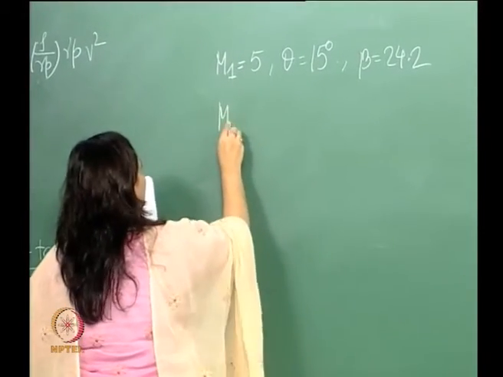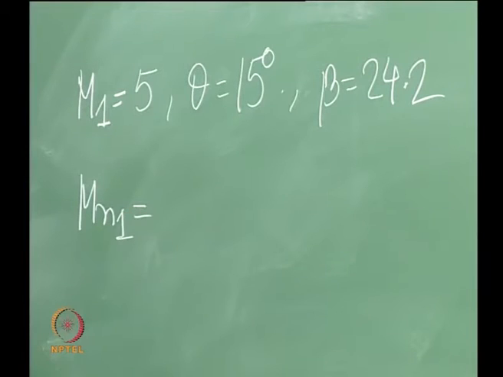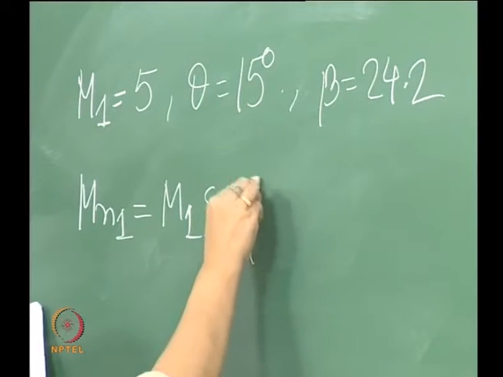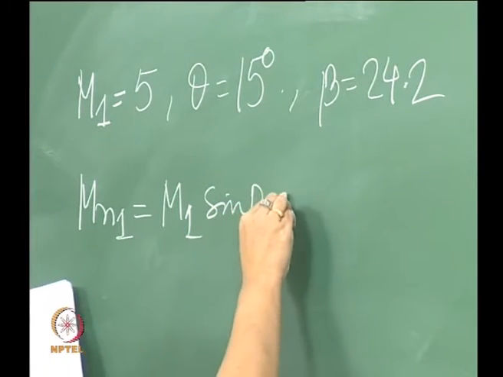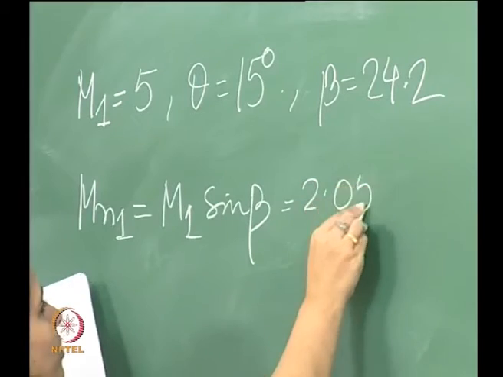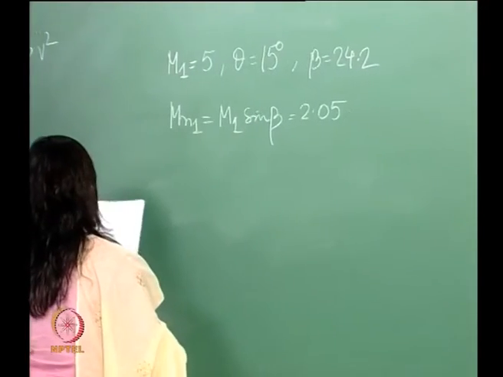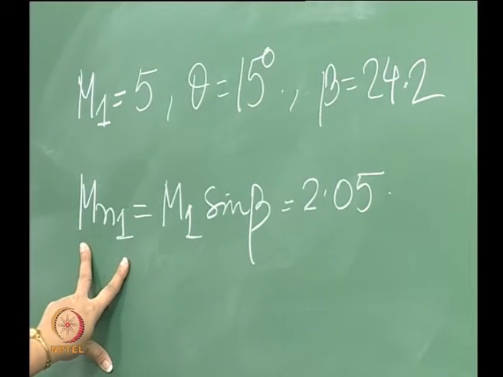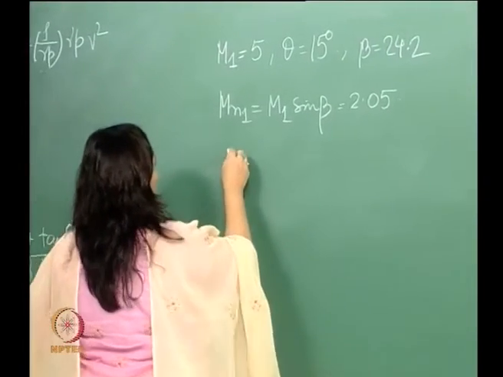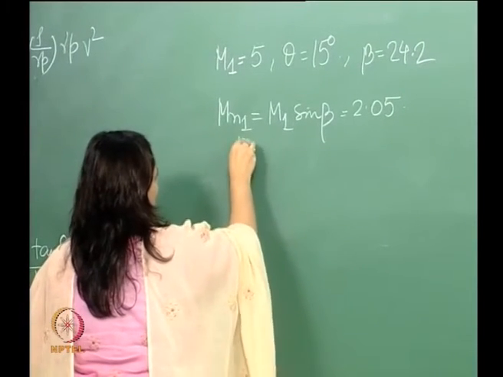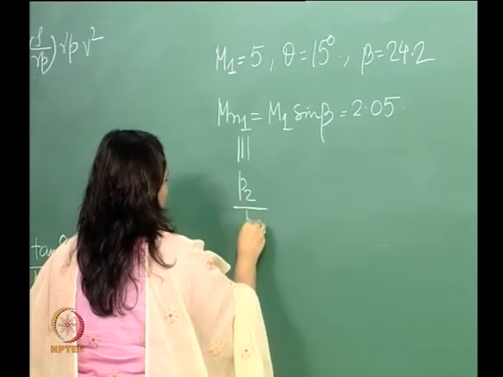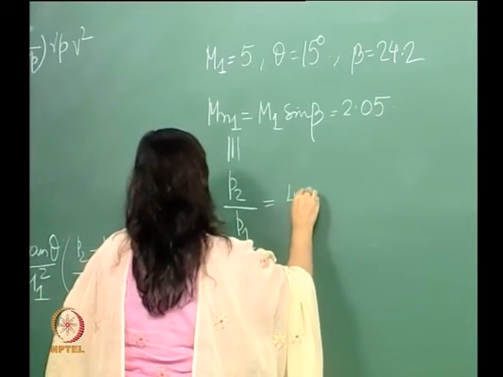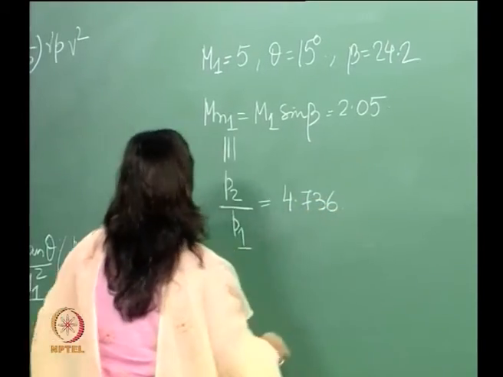Then we calculate the normal component, which comes out to be nearly 2. Corresponding to this Mach number we get P2 by P1, which comes out to be 4.736, which is nearly 5.